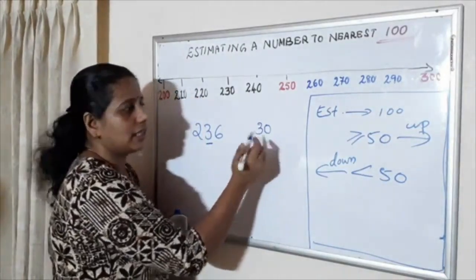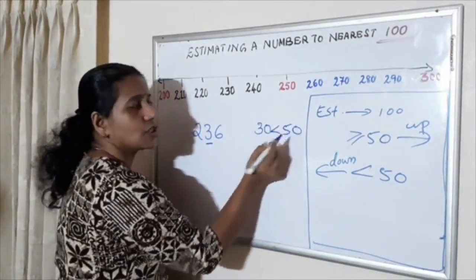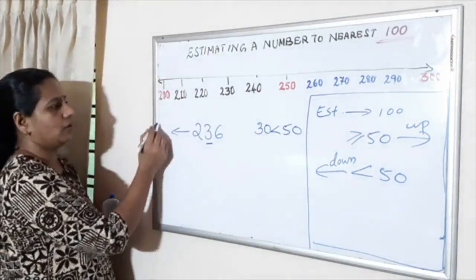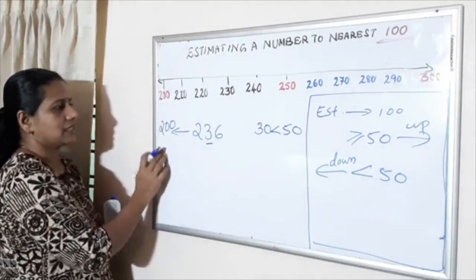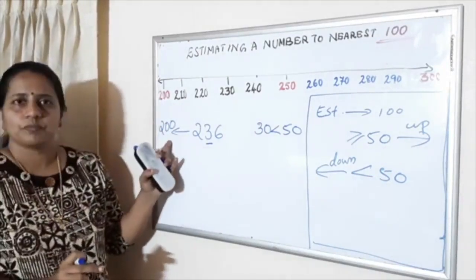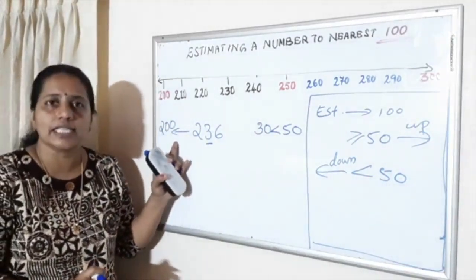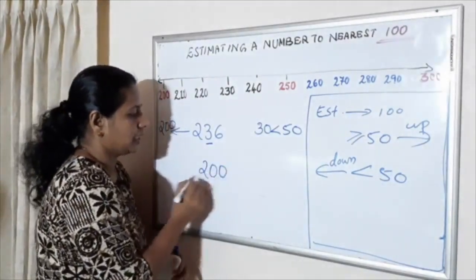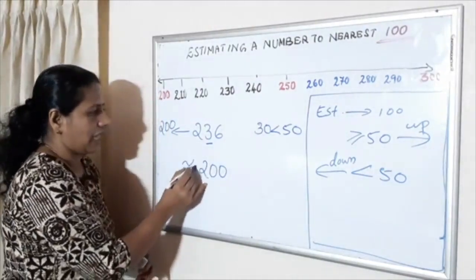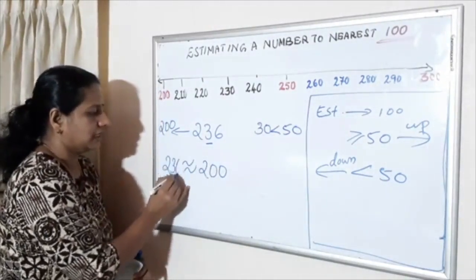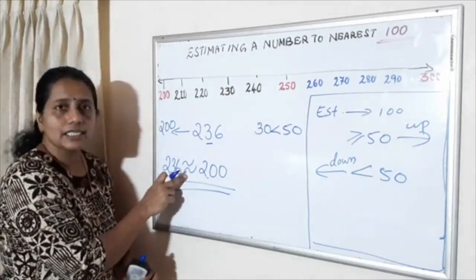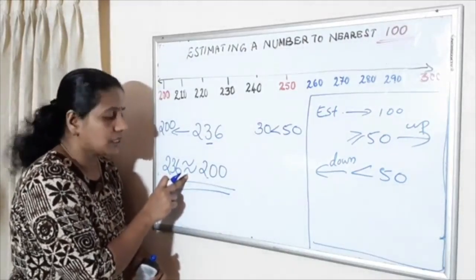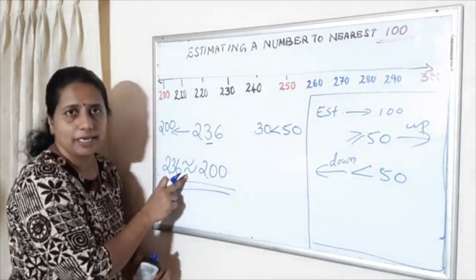Here 30 is less than 50, so we are rounding this number down. That is, the nearest 100 value is 200. So 200 is our estimating value of 236. This is the symbol of approximation value or estimation.